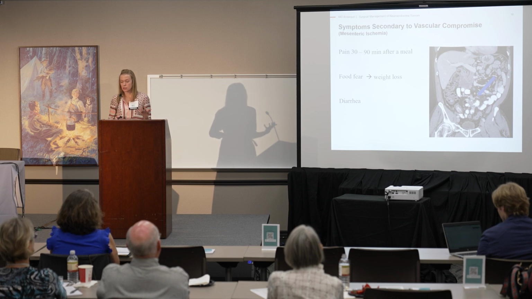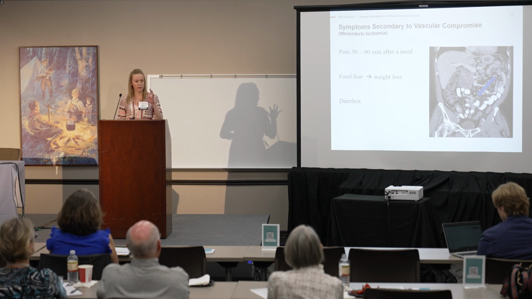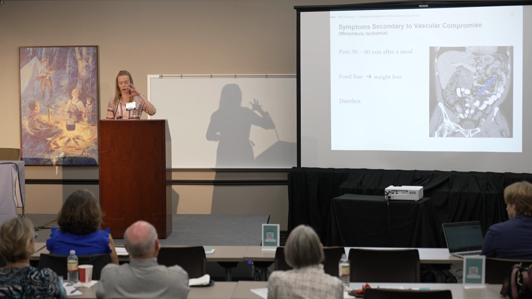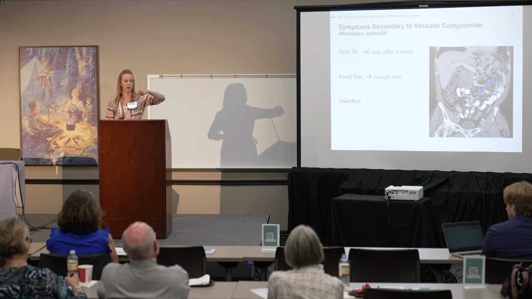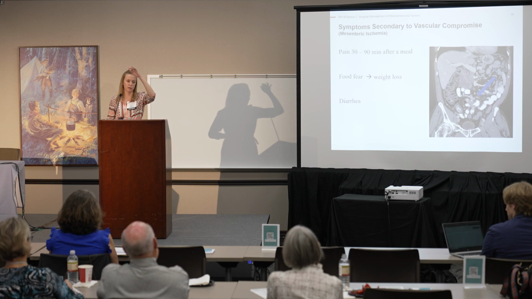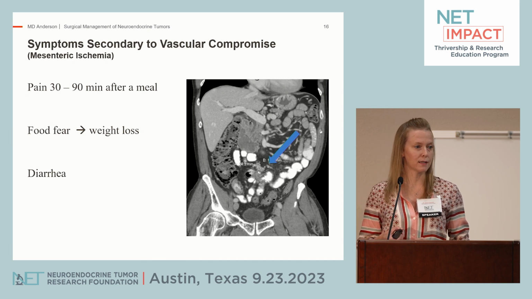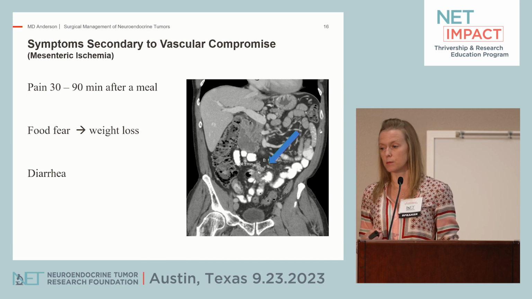Symptoms. This tumor can cause symptoms because it causes problems with your anatomy. A lot of patients, as their disease progresses, will develop something called mesenteric ischemia, and that's where that mesenteric mass clamps down on these blood vessels and prevents proper blood flow and drainage from your small intestine. The way that you feel this is that about 30 to 90 minutes after you eat, you develop really significant abdominal pain.